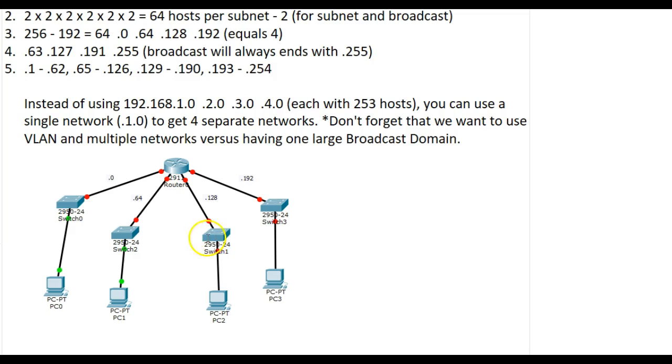If you use VLANs, you can have one switch have all 4 networks on it. But again, you want to break up the broadcast domain, because a broadcast is when one PC wants to get an IP address or a ping. If it wants to get an IP address from the DHCP server, it's going to have to broadcast because it doesn't know where to get the IP address from.